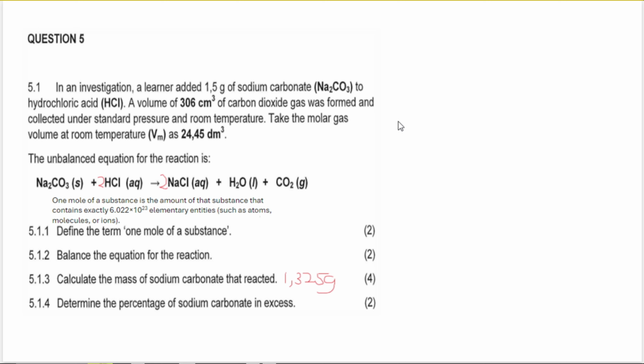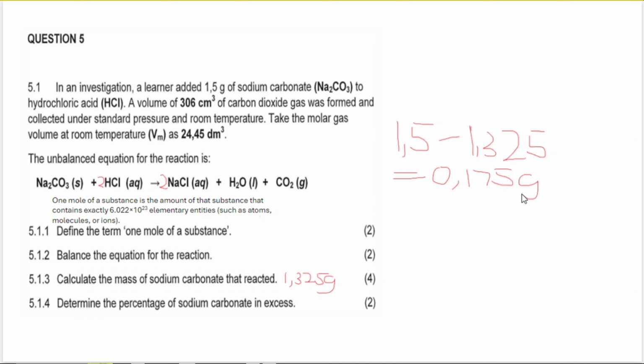So what we do is we take 1,5 minus 1,325, right? That's then equal to 0,175 grams.